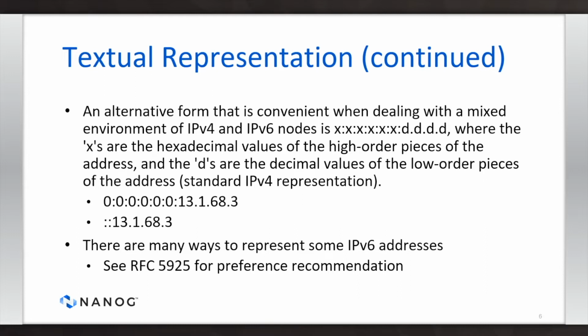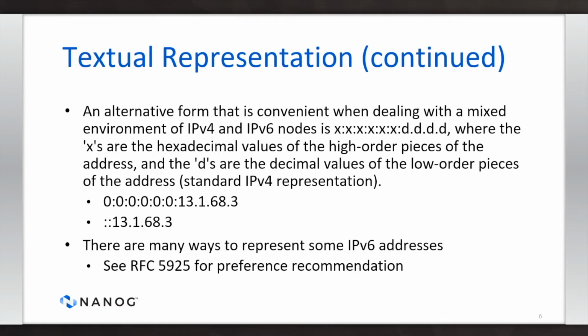As it turns out, there are many ways to represent some IPv6 addresses. The rules that I just gave you really aren't enough to give you a common way to represent everything. For instance, let's say an address has four zeros in it. Two of them are adjacent to each other. Another two are adjacent to each other. Where do you put the double colon?